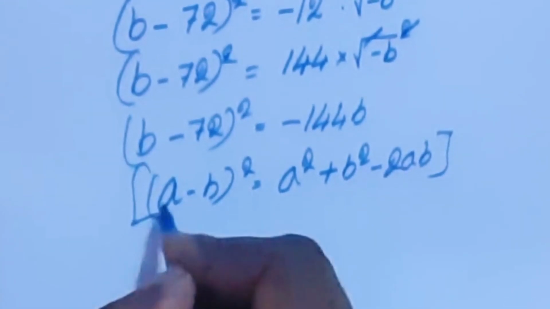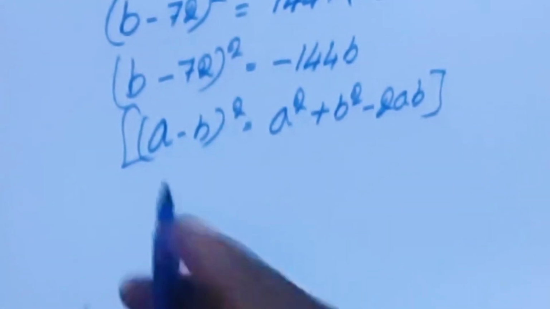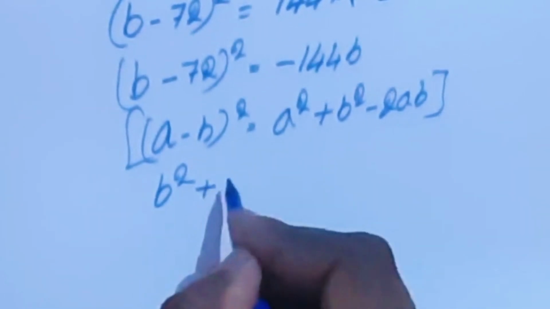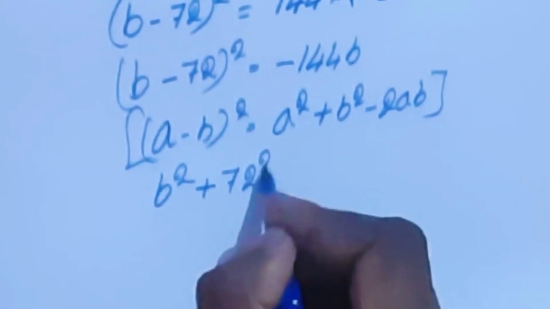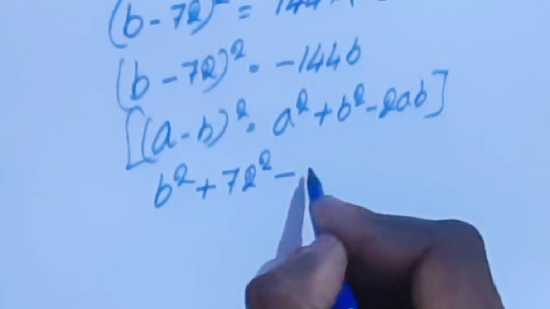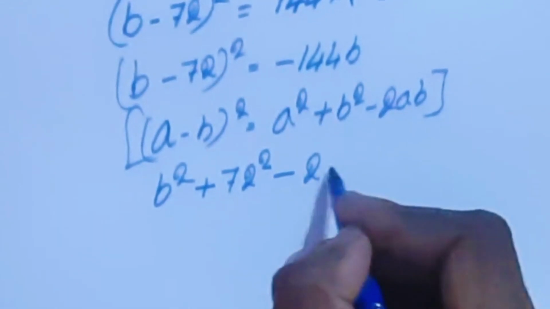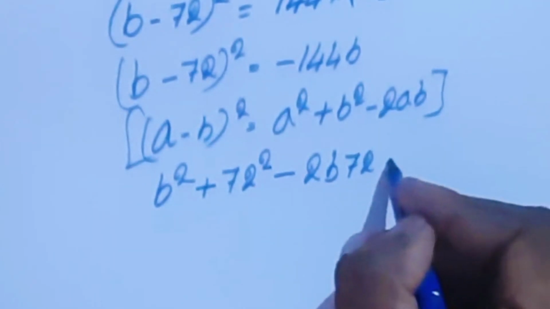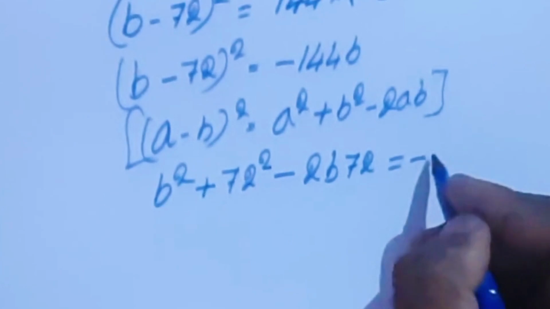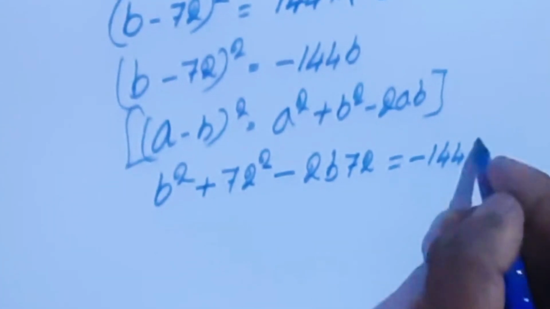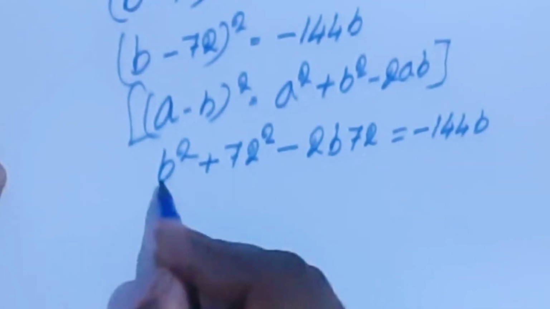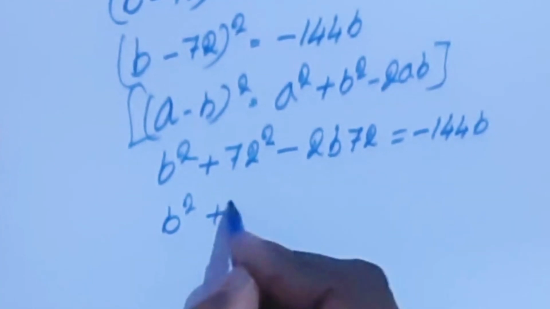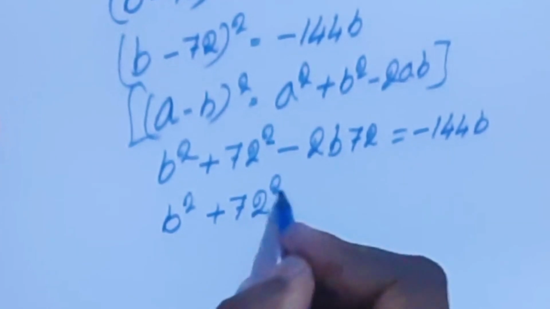This algebra formula we are going to apply here. So we'll get b square plus 72 square minus 2 times b times 72 equals minus 144b.